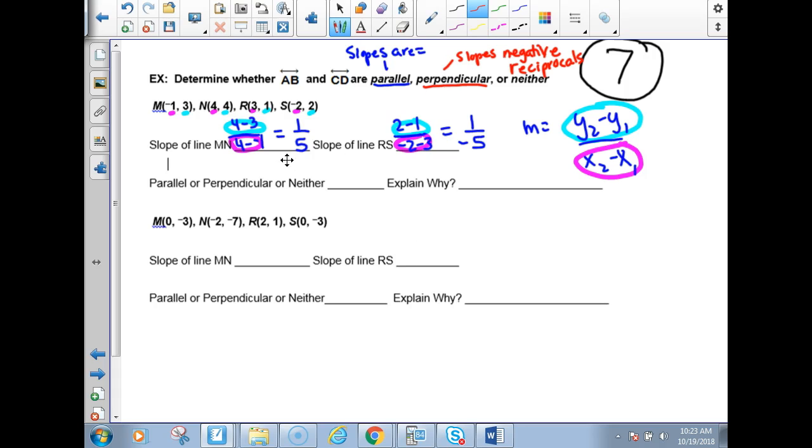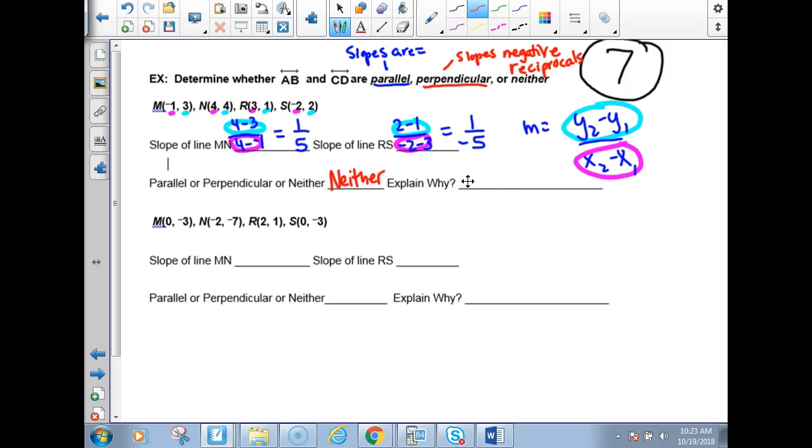All right, so what do we got here? We got 1/5 and a negative 1/5. The signs are opposite, but they're not flipped. The signs aren't the same, so they're not parallel because they're not equal slopes. But the signs are opposite, and that's not enough for it to be perpendicular. So this would be neither.